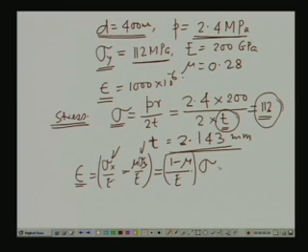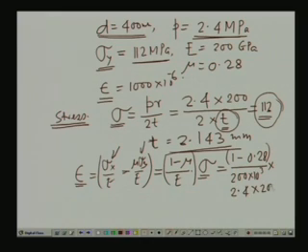Now, here the Poisson's ratio mu is given as 0.28, divided by E, which is 200 times 10 to the power 3 megapascal, times sigma. Now, sigma we write as a function of T, which is 2.4 into 200 divided by 2 T.